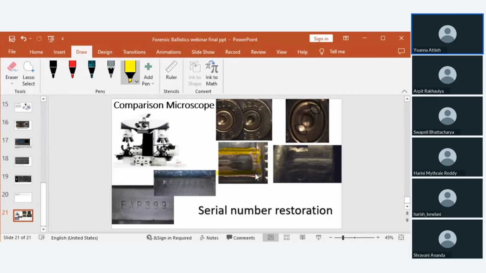See, this is one bullet and this is the other one. And this is the line that separates two bullets under the microscope. Okay, by matching these lines, we can say if the bullet comes from a specific firearm, as you can see here. Okay.